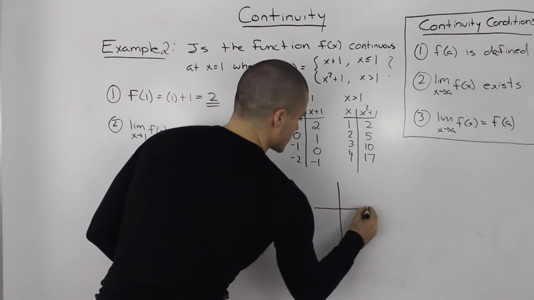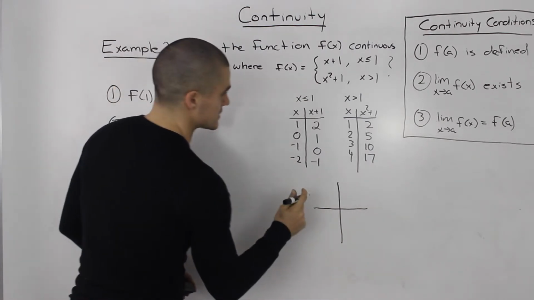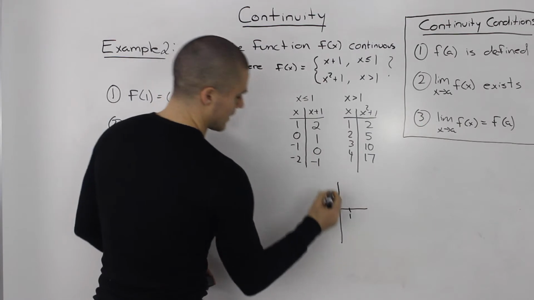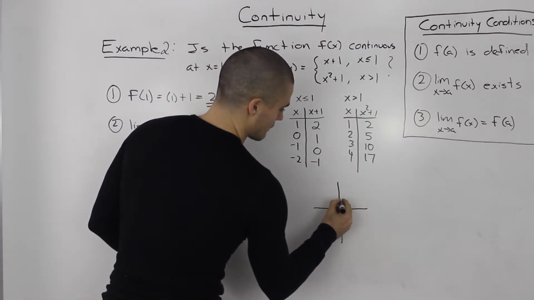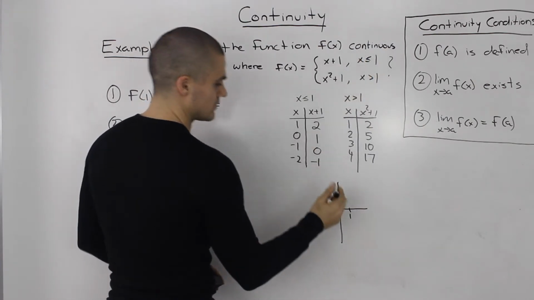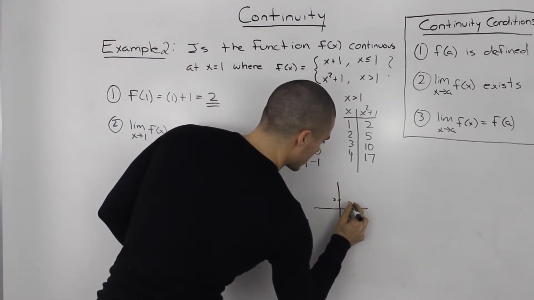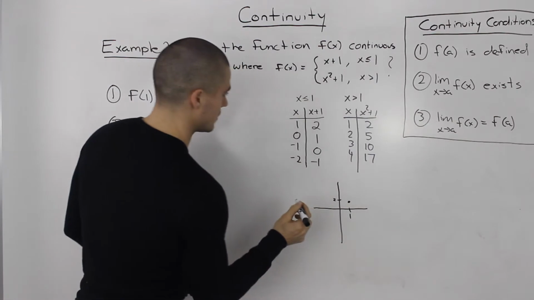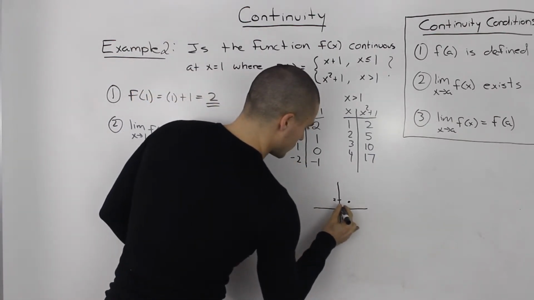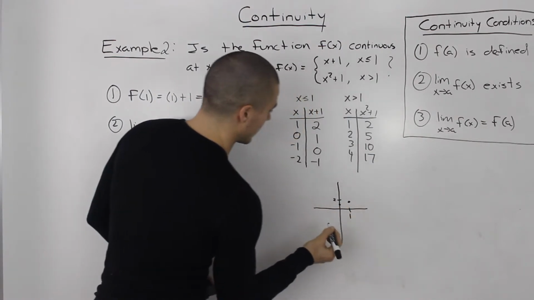And if we roughly graph this function, let's graph the left piece first, and let's start off at 1. At 1, we have a y value of 2, and it's defined at 1, so there would be a dot at 2. Then at an x value of 0, we have a y value of 1.